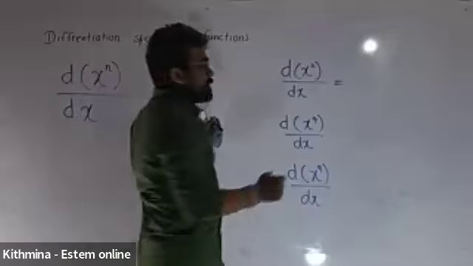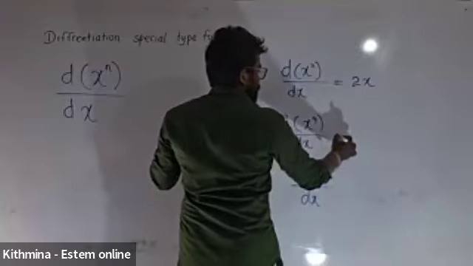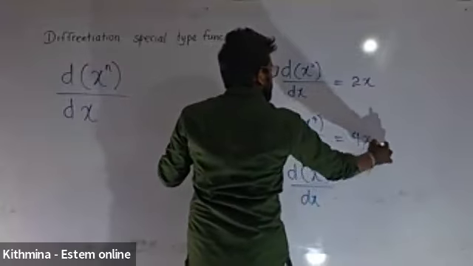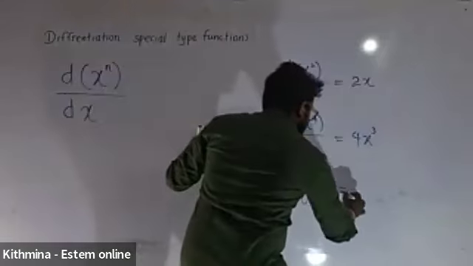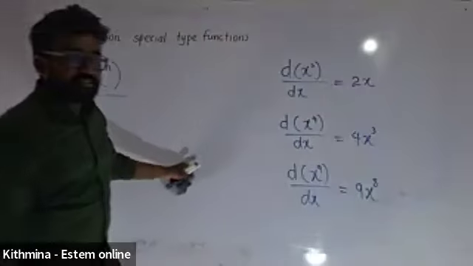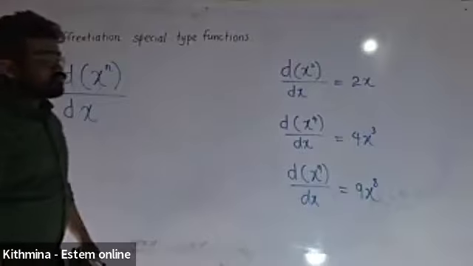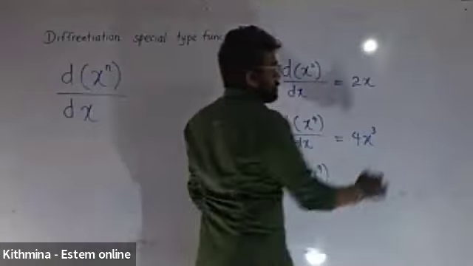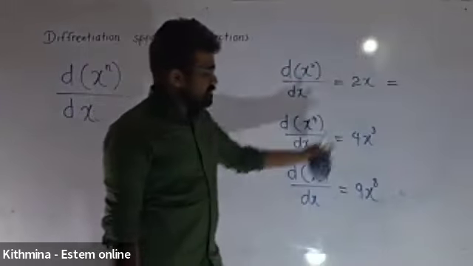Okay, guess the pattern. This is 2x. This is 4x cubed. This is 9x to the 8.